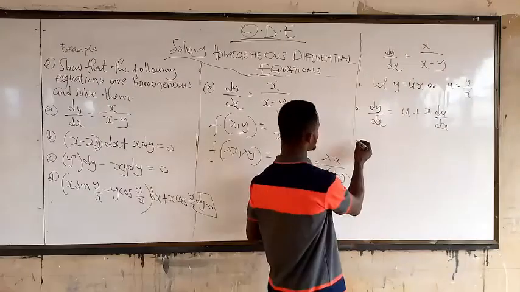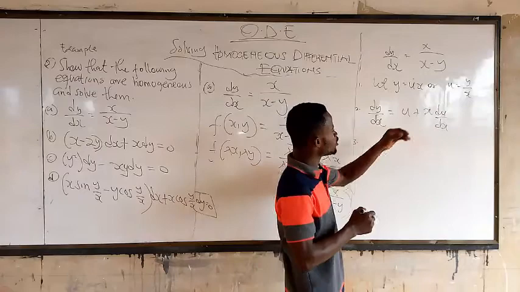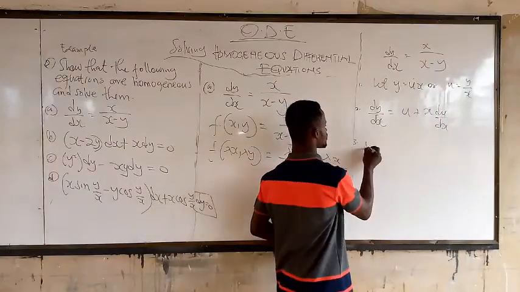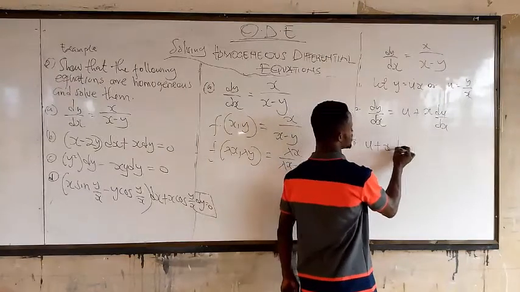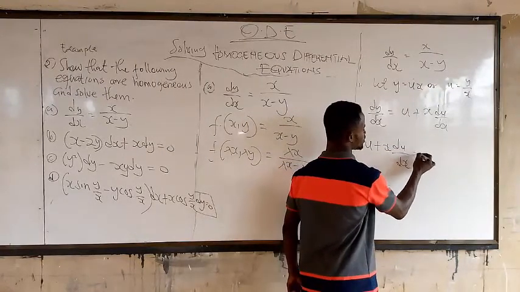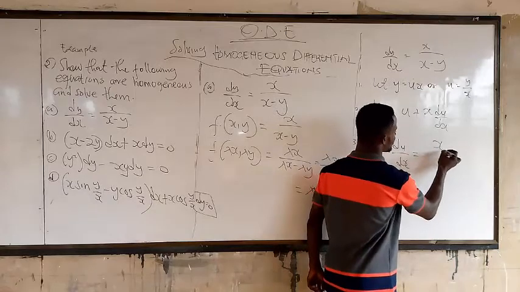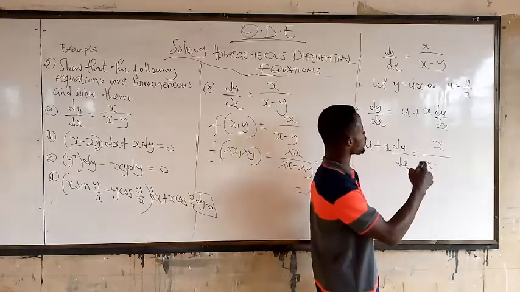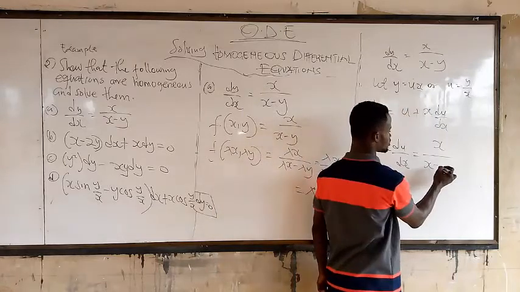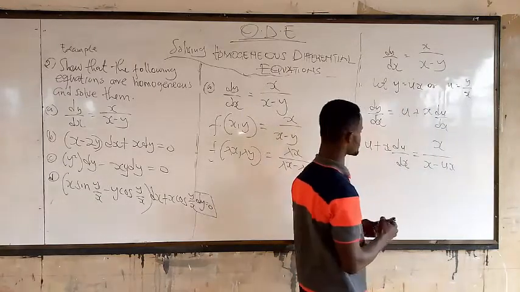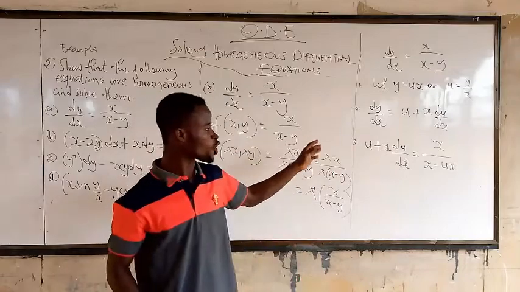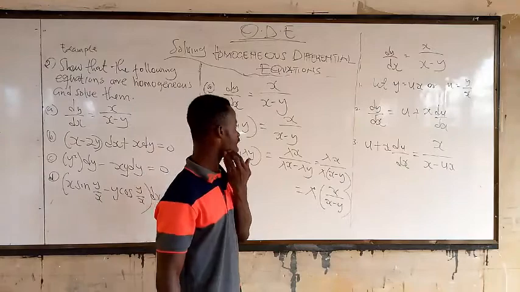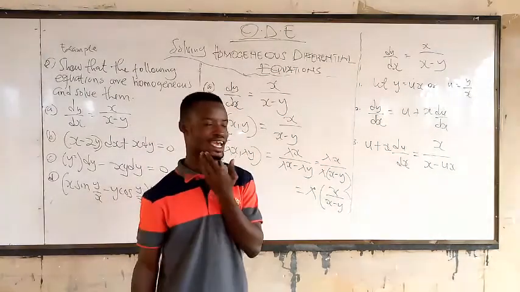So the third step is to do the substitution back. When you see dy/dx, you put the whole of this here. So you get u plus x du/dx equal to x over x minus y, and y is ux. So you can see that we have gotten rid of the function y, and now we have the function in terms of x and u.